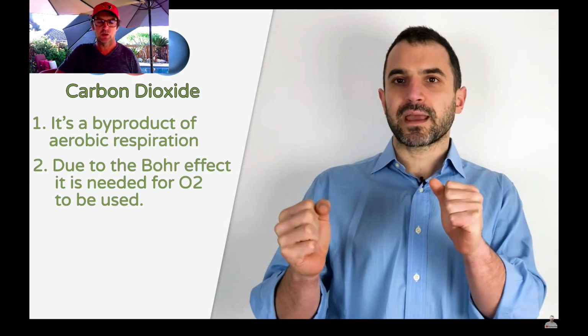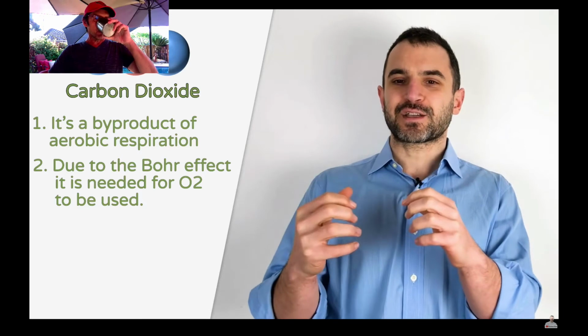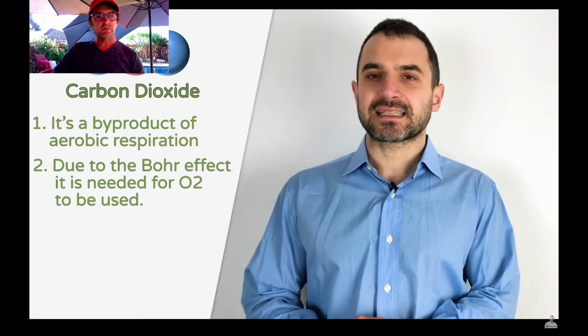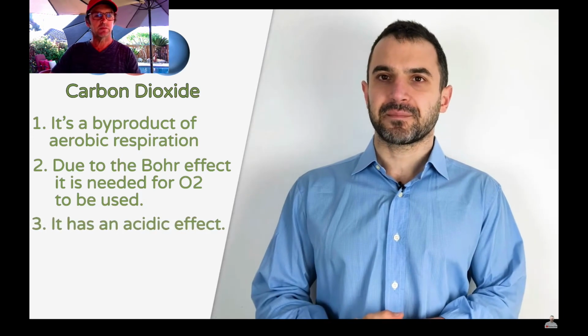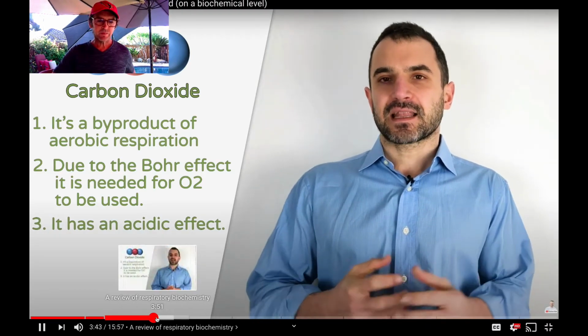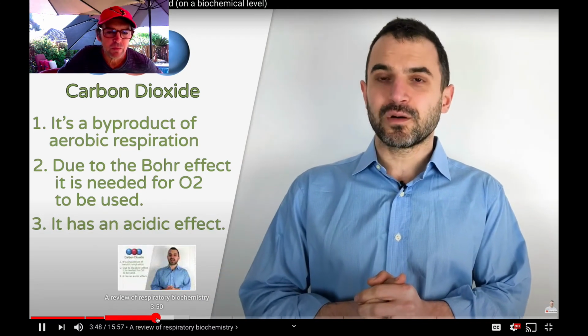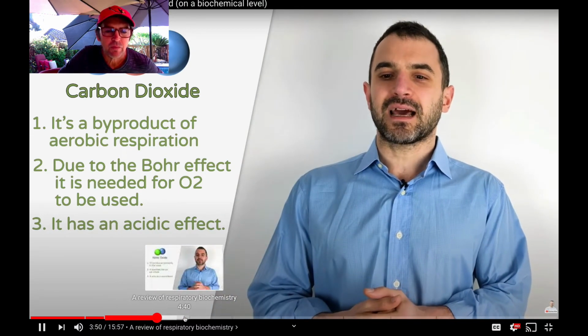So in this way, carbon dioxide and oxygen have a synergistic function. Carbon dioxide has an acidic effect in the bloodstream. This means that when carbon dioxide levels are high, the blood is acidic. When carbon dioxide levels are low, the blood becomes more alkaline.